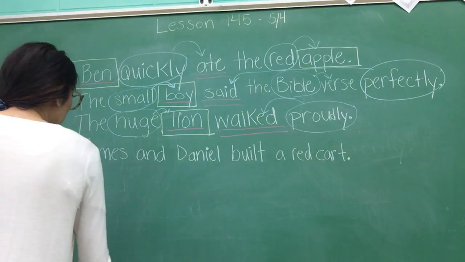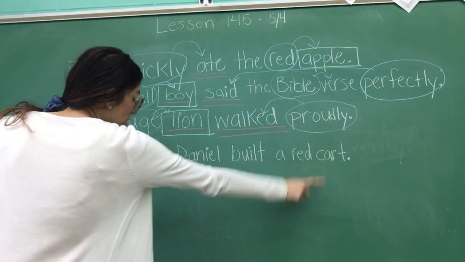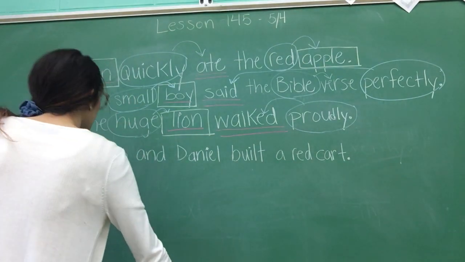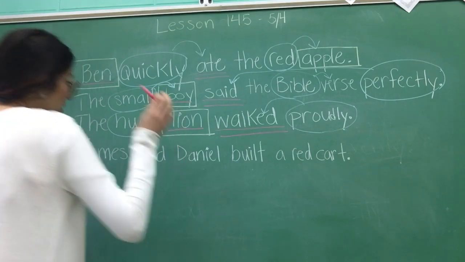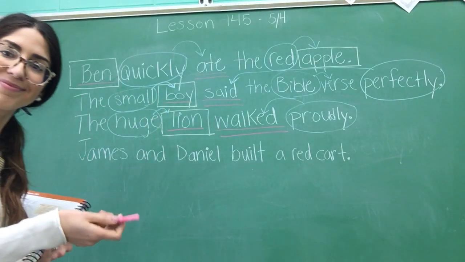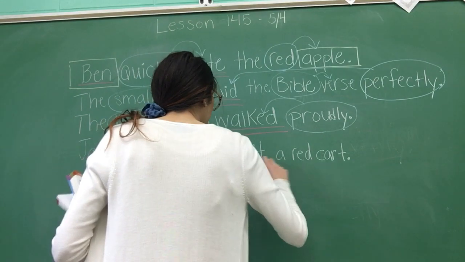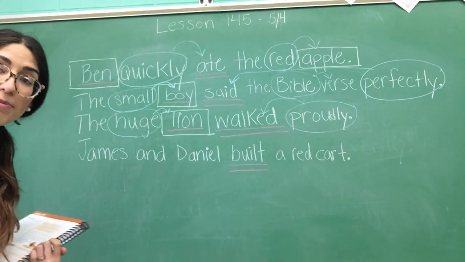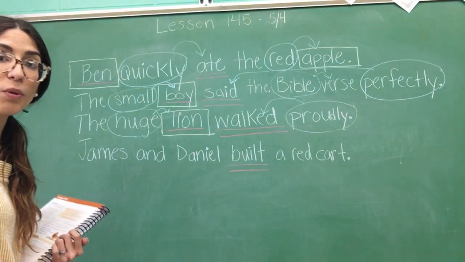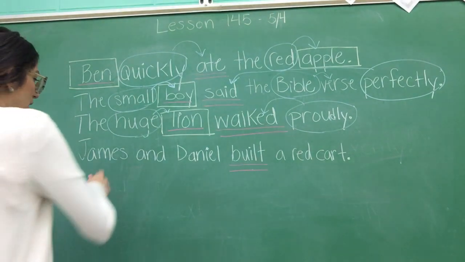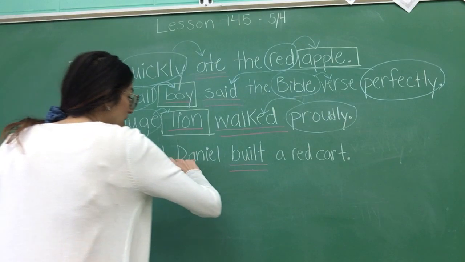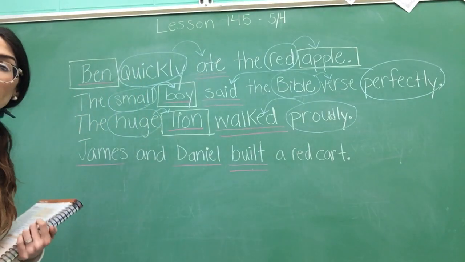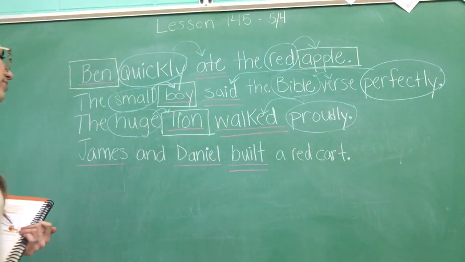Last one. James and Daniel built a red cart. Okay, ready? So we'll get my pink one. What is my verb? Good, built. Good, that's the action. And then what is my subject? What's the sentence about? Who or what? That's right, it's James and it's Daniel. So we'll underline those names one time.